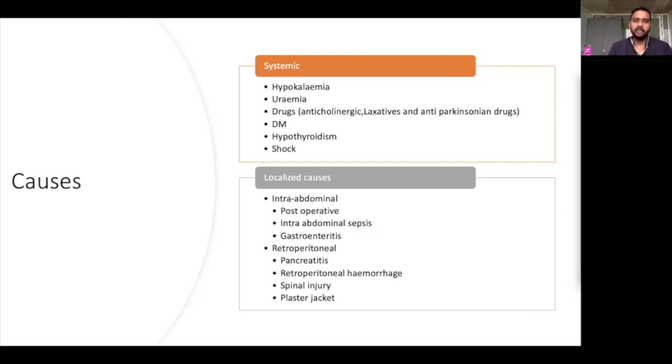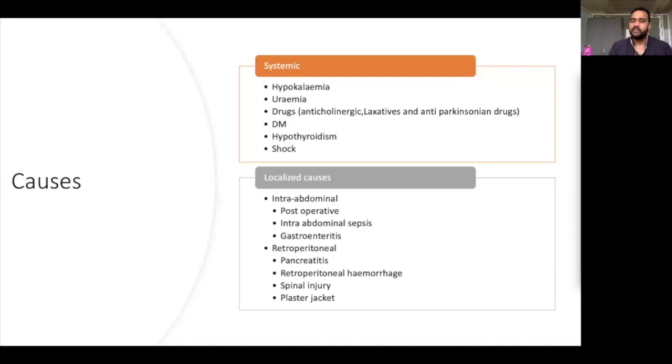So intra-abdominal sepsis is one of the main reasons that can cause paralytic ileus. This is why, whenever somebody has had an abdominal surgery, or whenever we suspect a perforation or any infection inside the abdomen, we have to ask about bowel opening. If a patient's bowel is opening normally, that indicates the chances of abdominal sepsis are less.